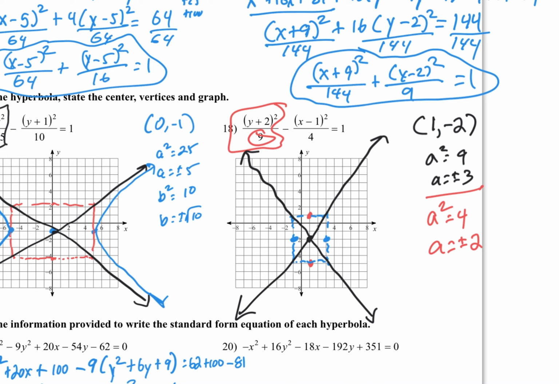Last part, because it's y equals, it's going to look like a y-ish type thing. So it's going to start up here, go through the vertex, and up. And then same thing down here.